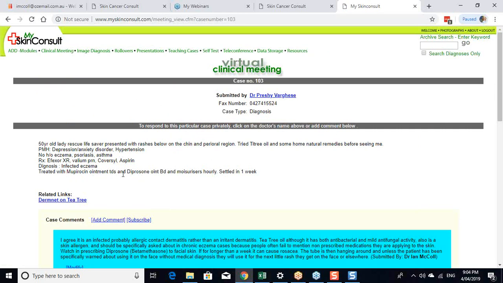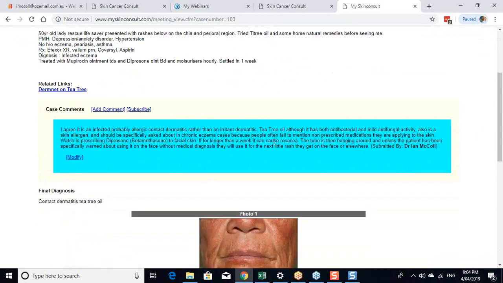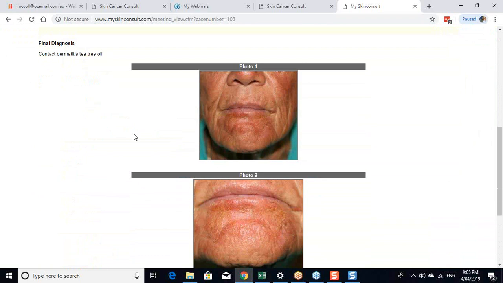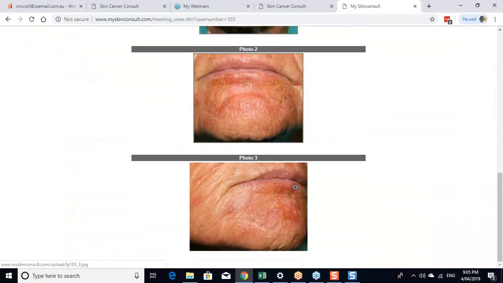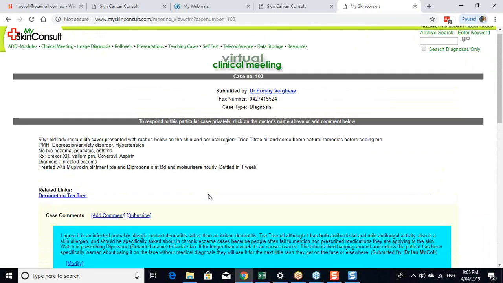I think mupirocin and a bit of Advantan would have been the better combination to deal with this. A lot of people use tea tree oil because of its antibacterial, mild antifungal actions, but you've got to watch the strength because it can act as a mild irritant to the skin as well. So the issue here was whether there was a bit of contact dermatitis from the tea tree oil, with a bit of secondary infection.